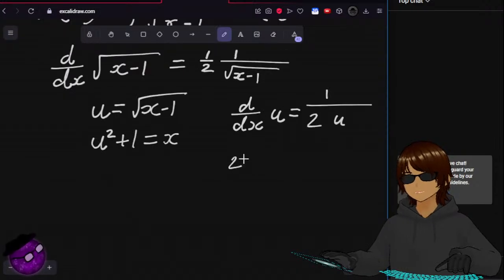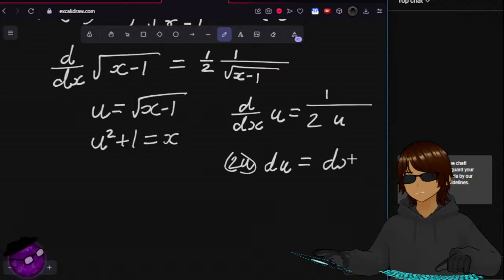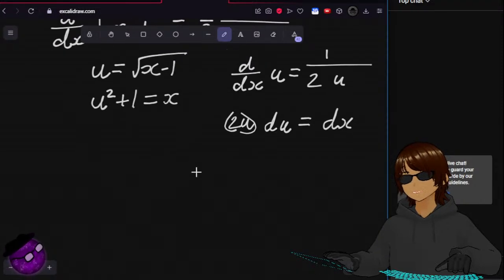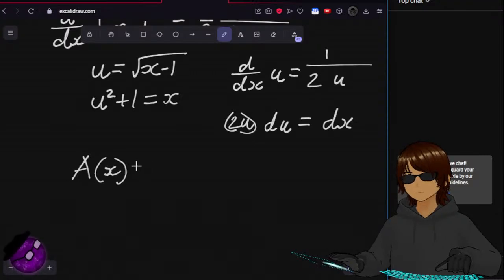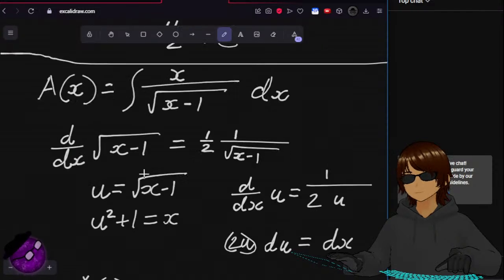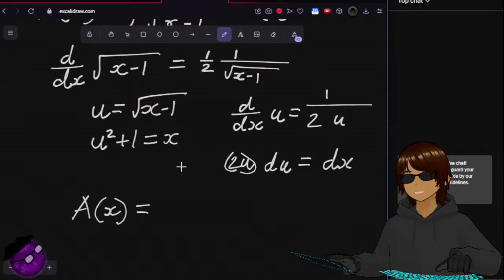So that means 2u du is equal to dx. So going back to our area function, we can replace dx with 2u du, right?